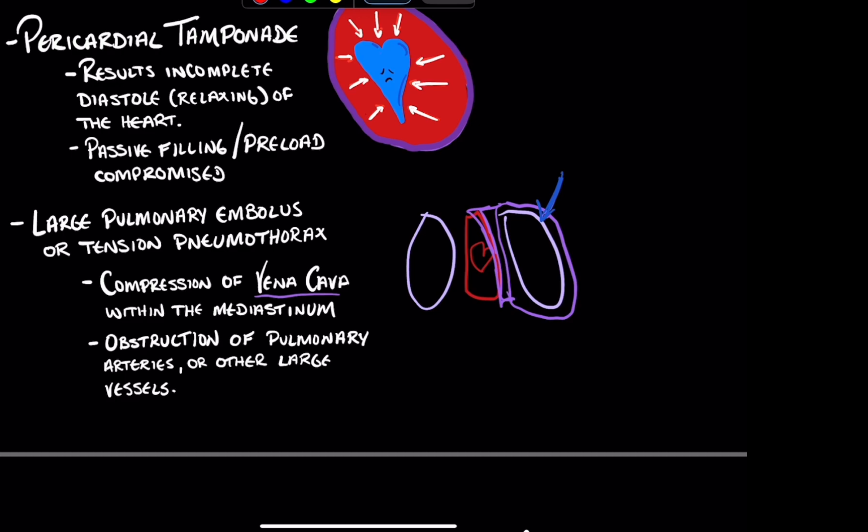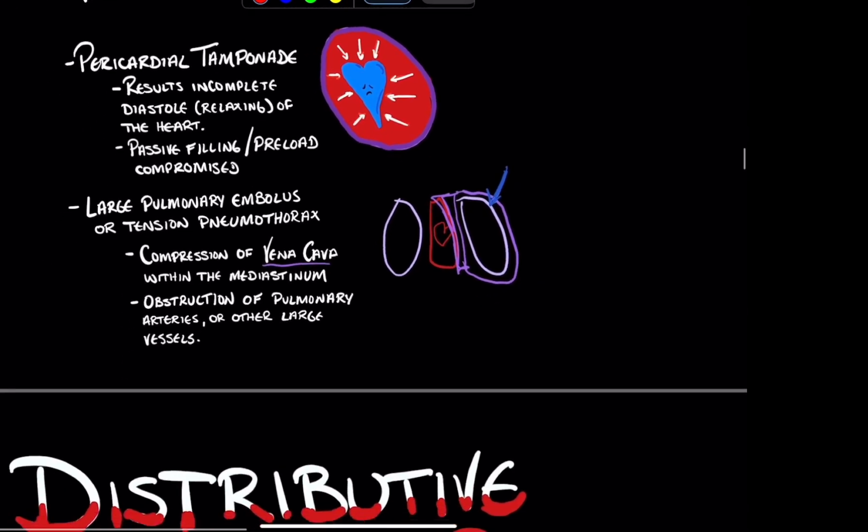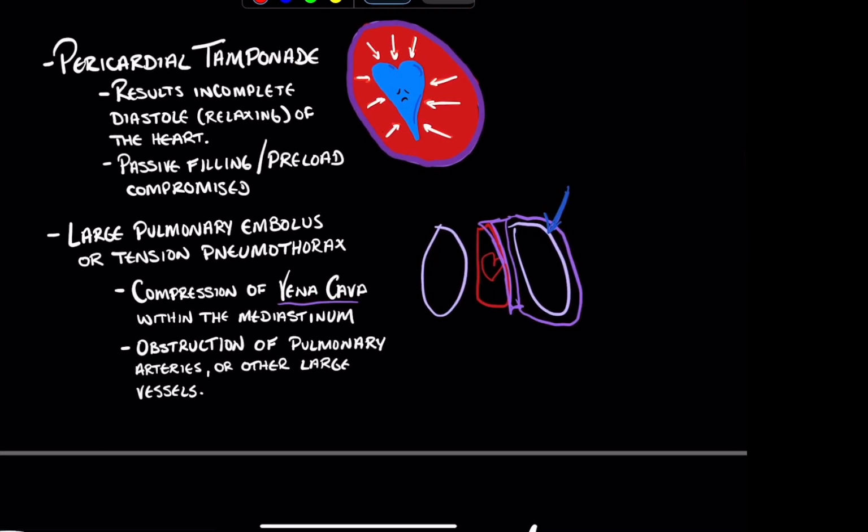But it's the same idea when you look at an obstruction of the pulmonary arteries as well, or a large vessel. You're basically going to have a blockage of that blood flow on a fluid level, right? So we're not so much thinking of the other symptoms, like not having oxygen exchange, atelectasis, and vascular shunting and all that stuff.